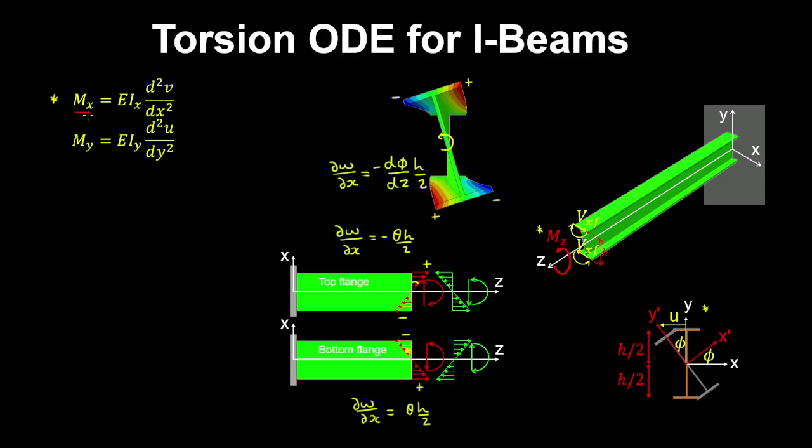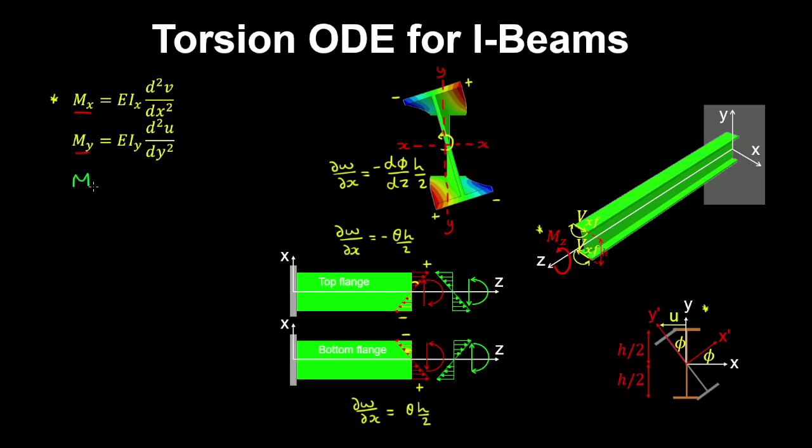So recall the moment curvature equation for the bending of a beam about its major axes and the bending of the beam about the minor axes. So as we can see, the warping of the beam is going to be resisted by the bending of the flanges in the case where the beam is not free to warp.